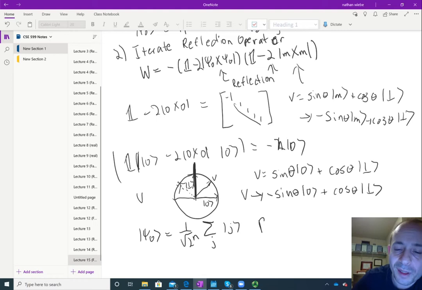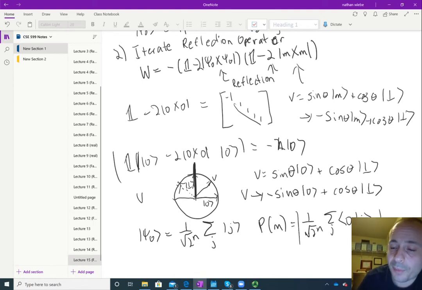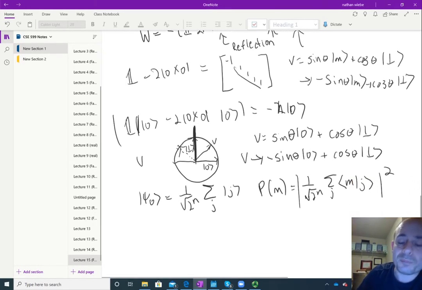So our probability of getting m when we measure it is just going to be equal to 1 over 2 to the n, sum over j, inner product with m and j, absolute value squared, because the probability is just the inner product squared.